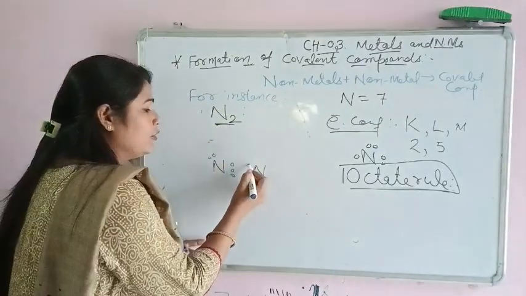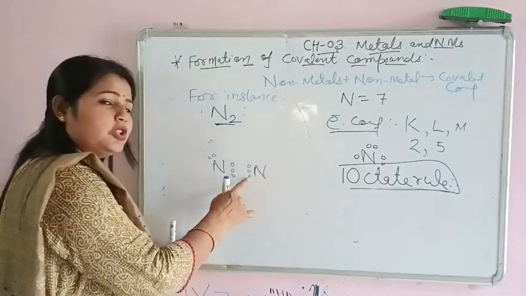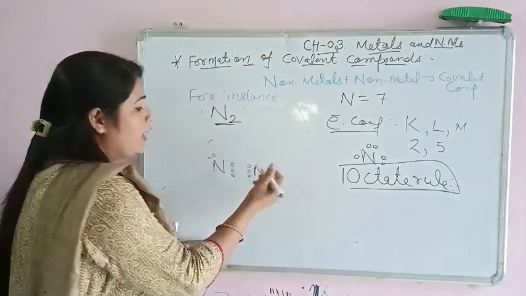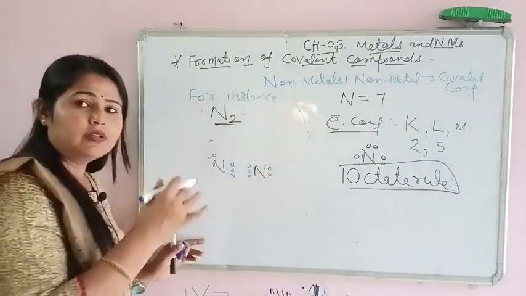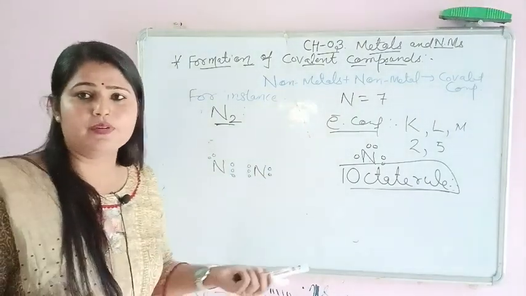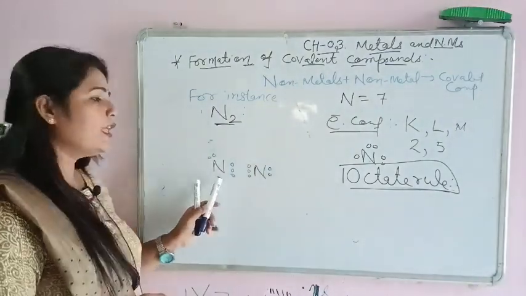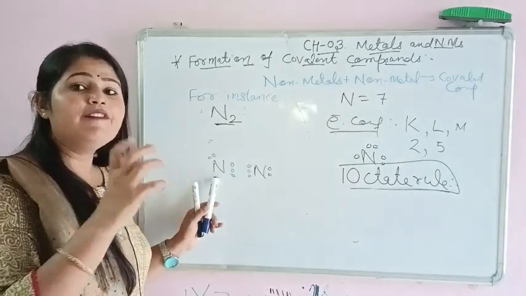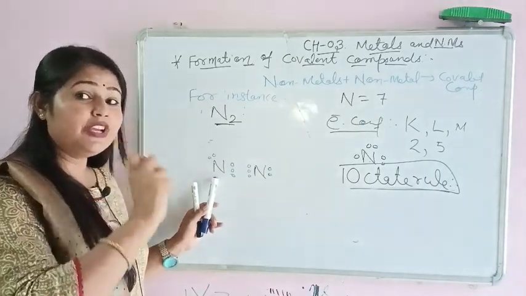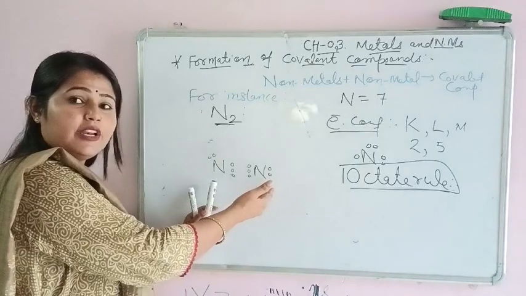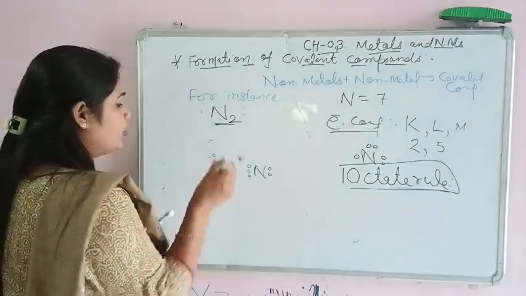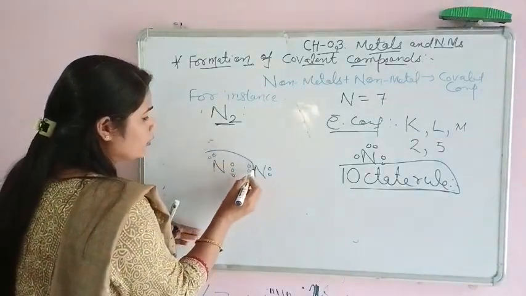Same for the other nitrogen atom: put 3 electrons in front of it and the remaining 2 anywhere. Each nitrogen contains 5 electrons, so it shares 3 electrons with its neighboring element.